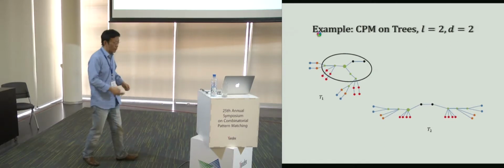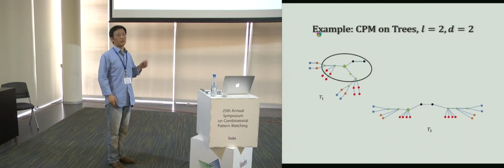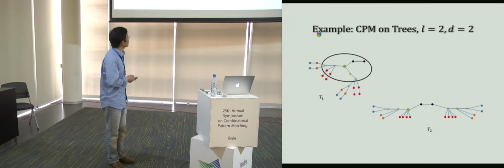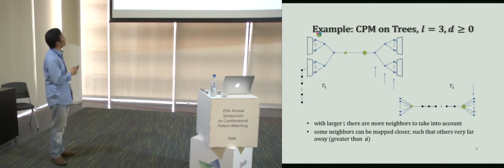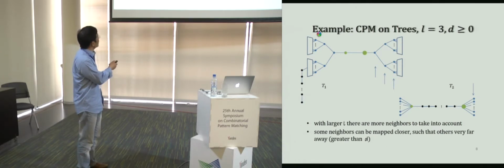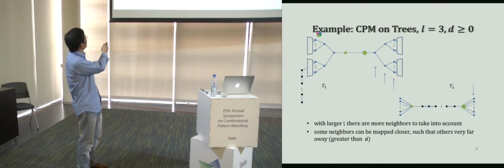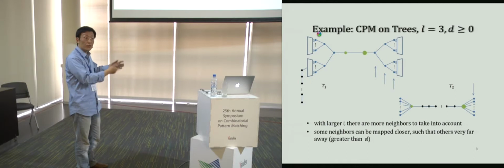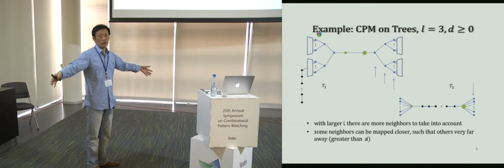We consider not only the neighborhood, we consider the distance between the vertices. So we can now say that the distance between two vertices which are direct labels to each other in the first graph can be arbitrarily large between their images.